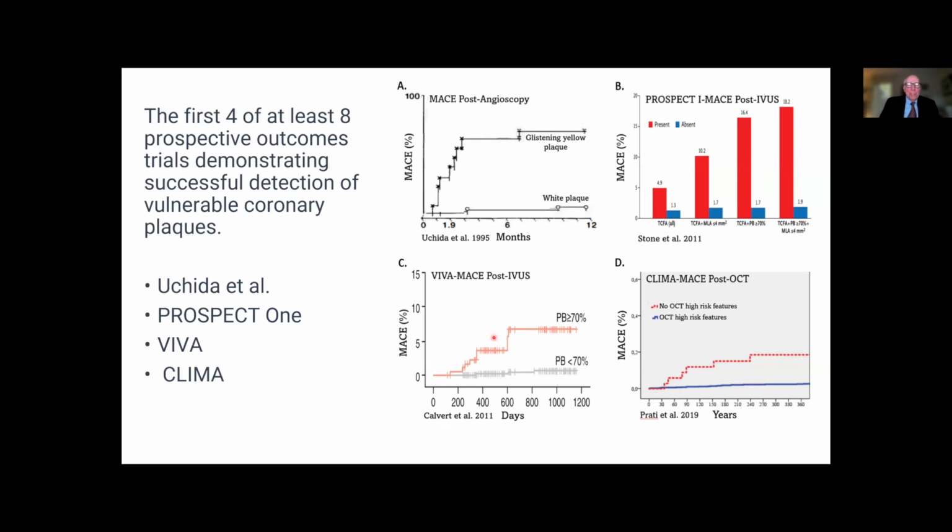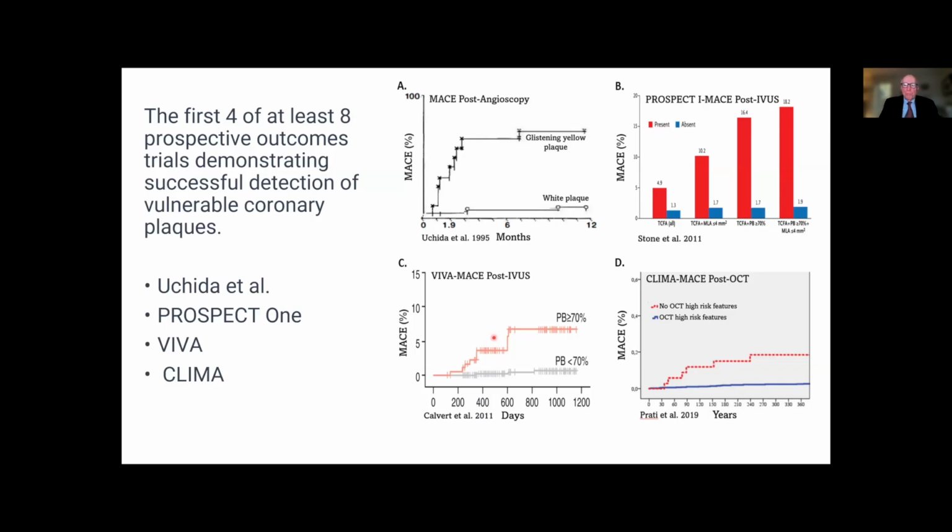The most amazing one is the one from Uchida at the top, with angioscopy done in the 90s before statins. If he found a white plaque, which was probably fibrotic, there was no trouble at that site. If he found a glistening yellow plaque, which was most likely a TCFA, it was an 80% event rate.